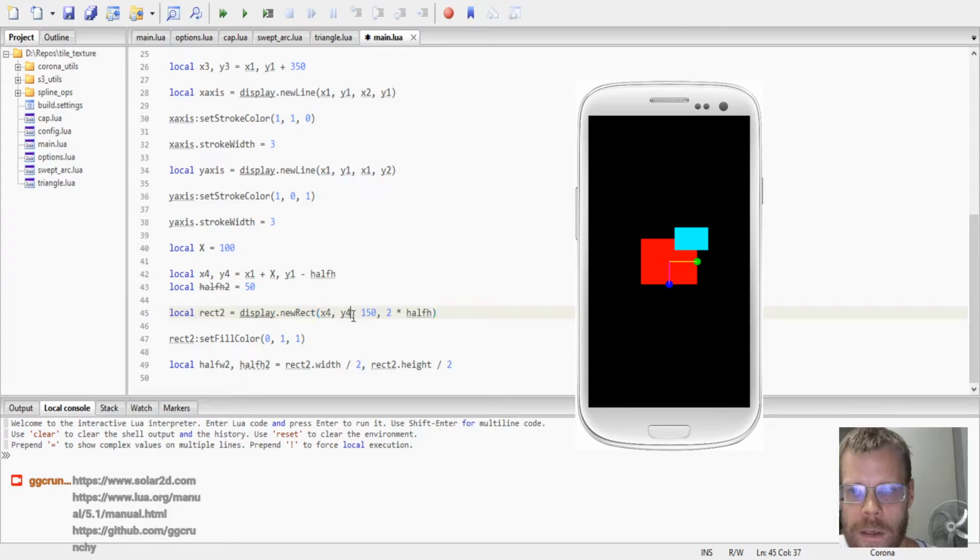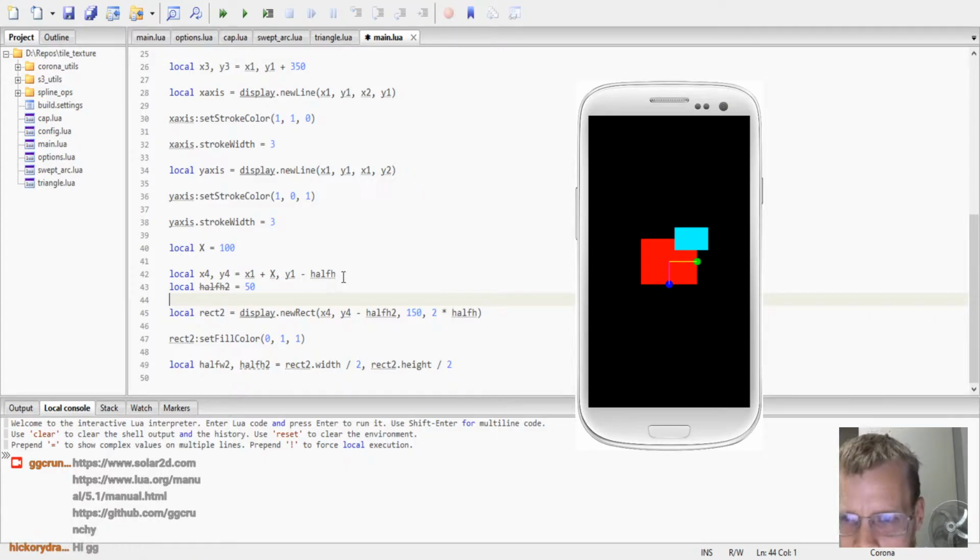So Y4, which is our position on the rectangle vertically here, and then we go up a little more by half height 2. I don't need to calculate the other one.